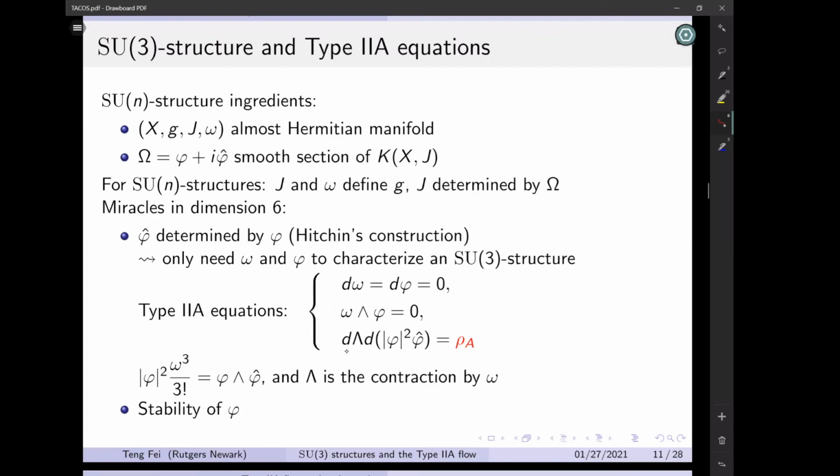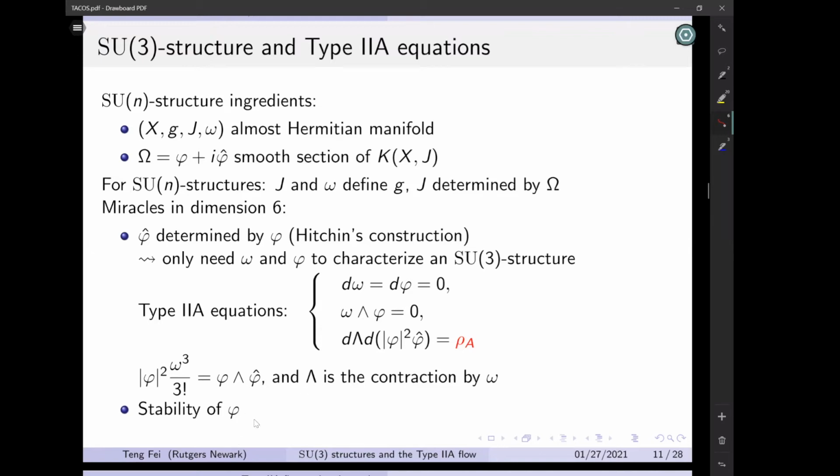In general, not any 3-form phi comes from, in the case of an SU(3) structure, not any real form comes from the real part of the complex volume form. But in dimension 6, there's something very special: this phi is stable, which means the set of real 3-forms that come from the real part of a complex volume form is actually an open set.